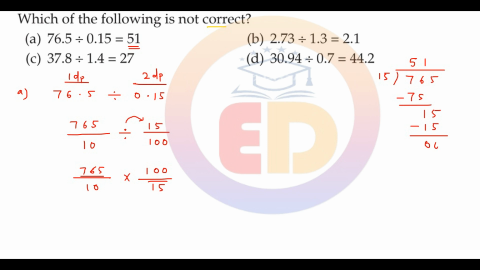Our division is complete. Quotient is 51. So when we divide 765 by 15, here I will get 1, here I will get 51.